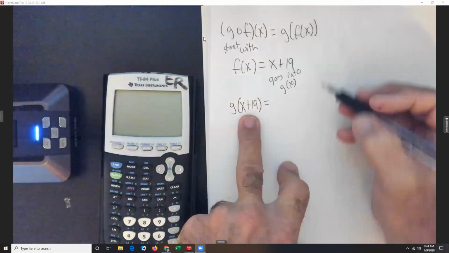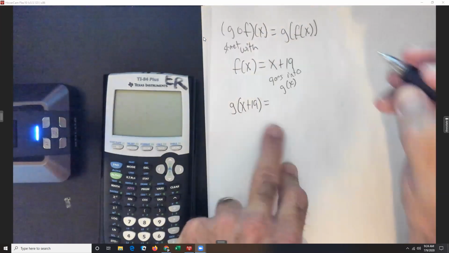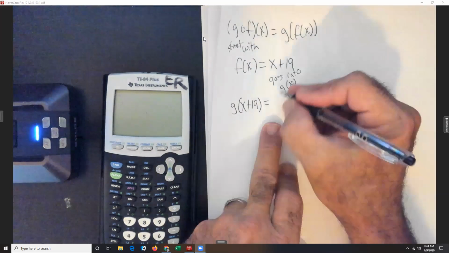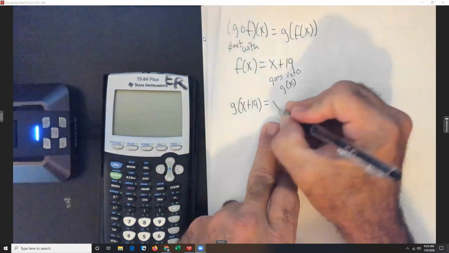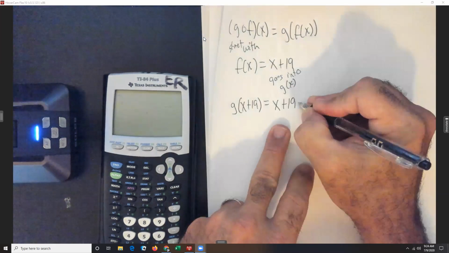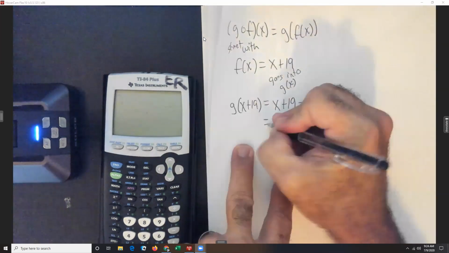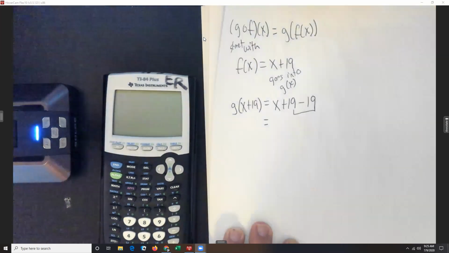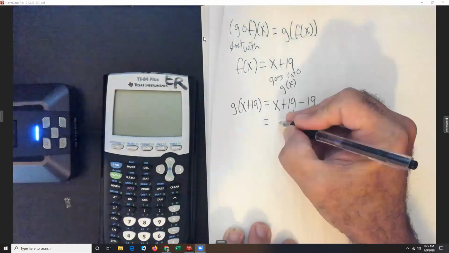So we take our g equation, which was x minus 19, replace its x with an x plus 19, and then at the end is still the minus 19. So you still got x minus 19, but notice, once again, those 19s cancel. So since they cancel, I end up with x.